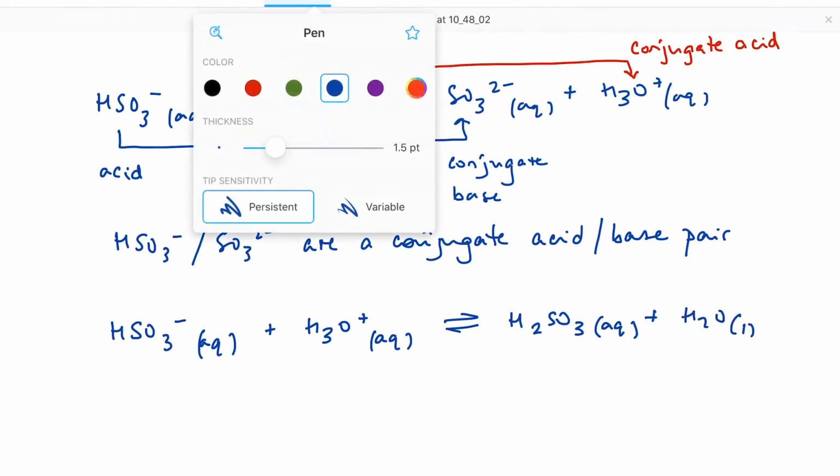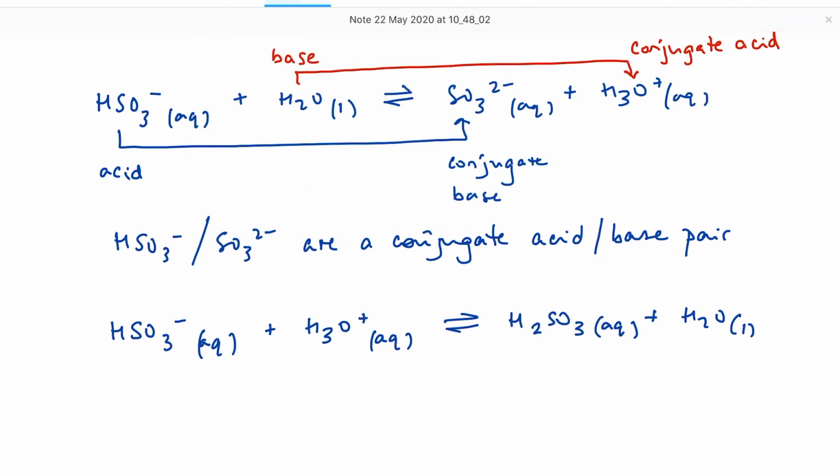So in this particular case, HSO3- is not behaving as the acid, it's behaving as a base because it's accepting a proton from a stronger acid during this reaction. So in which case, HSO3- is the base, H2SO3 is my conjugate acid. It has the ability, depending on conditions, to donate a proton back to water, so we end up back where we started.